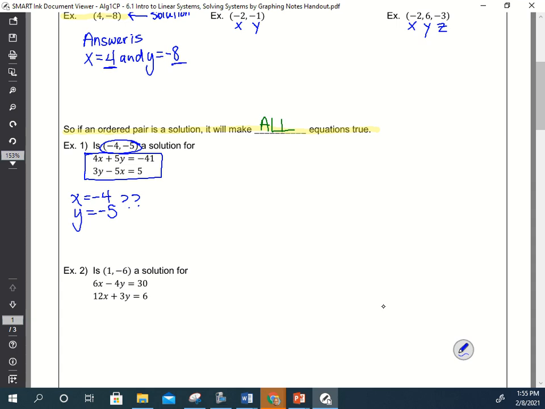So the easiest way to figure it out is to plug each number in and see if both sides match.